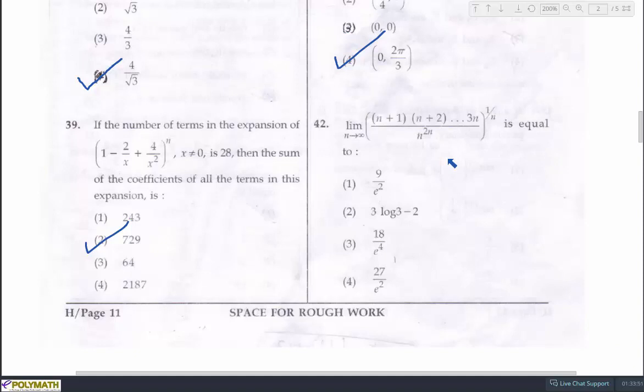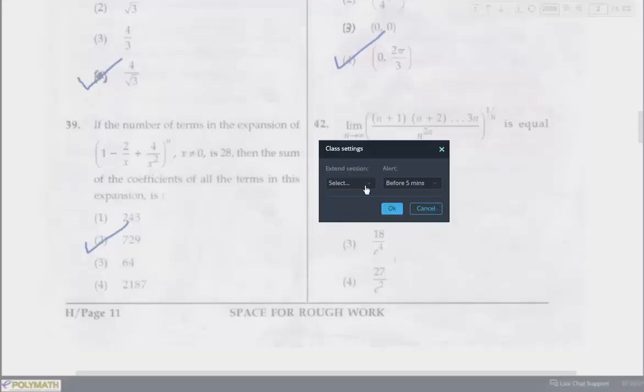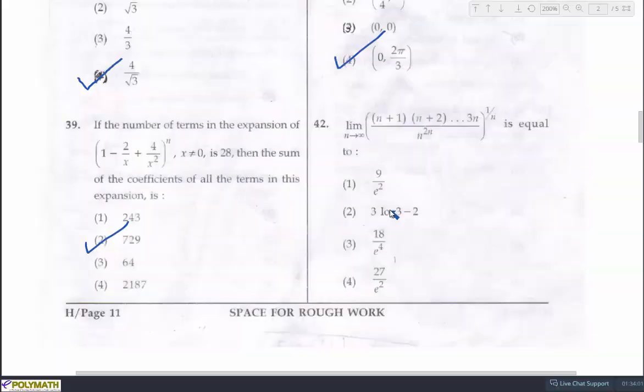So you have to make use of definite integral as a limit of sum. Without knowing that, this problem cannot be solved.